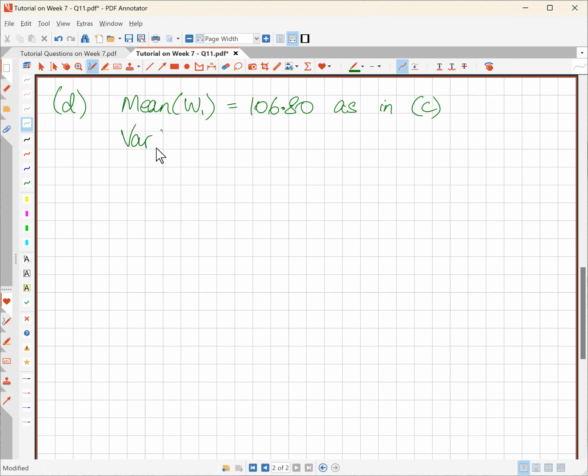But for the variance, we certainly do have a change in the calculation. So we're going to have some of the same parts. So we'll still have 40 squared times the variance for A plus 60 squared times the variance for B.